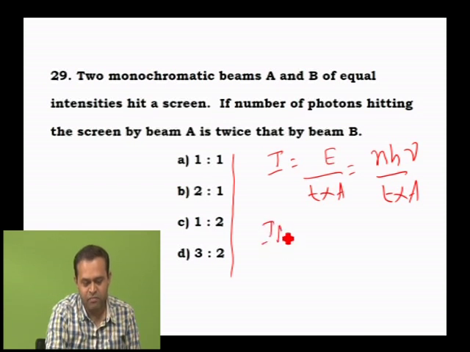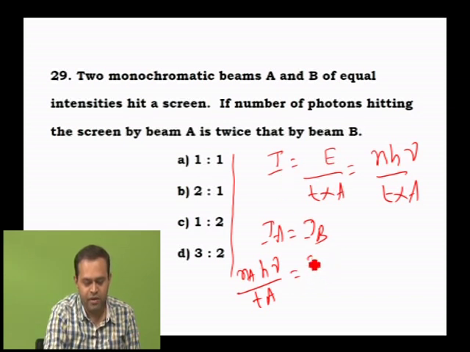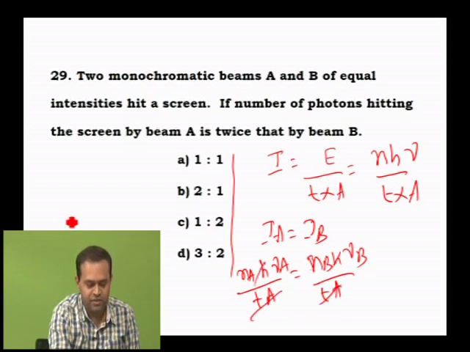Intensity is the same, meaning IA is equal to IB. Now substitute: IA has NA into h into nu divided by time into area, that is equal to the intensity. Again IB can be written with NB, frequency of A into h, frequency of B, divided by time into area, which cancels. What is the final answer now?